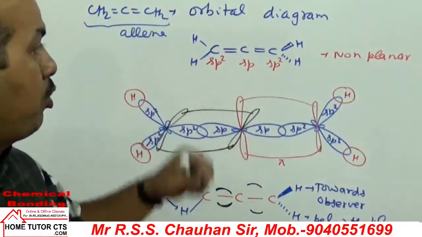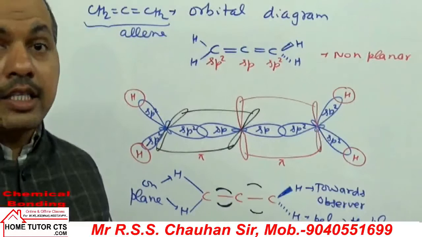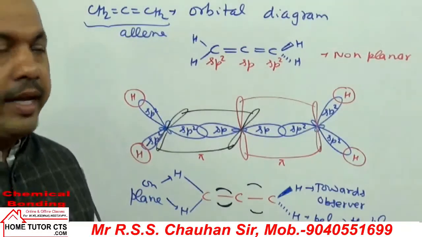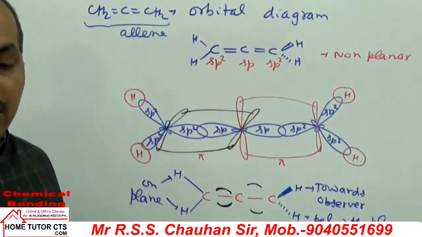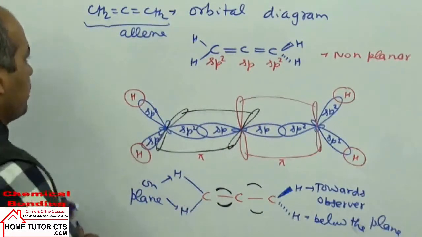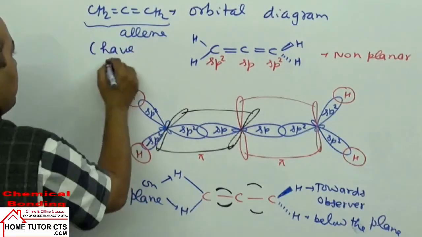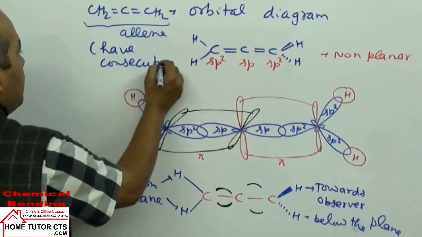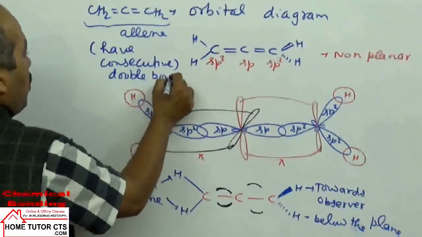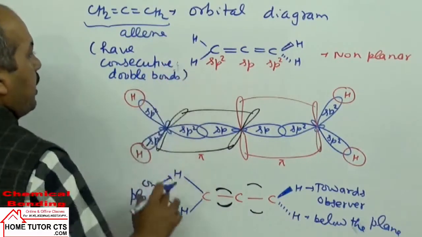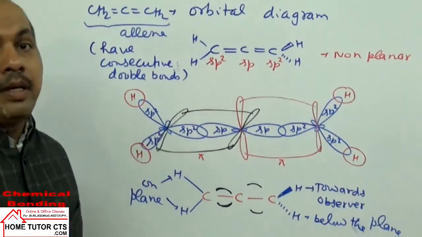Allenes are those with continuous double bonds; they have conjugated double bonds. We call them allenes. Now if I draw an allene which has 3 pi bonds, then that becomes planar.